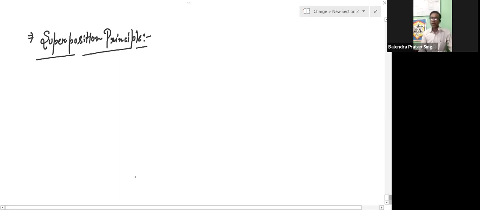Okay, so the superposition principle says that, as I told you, for a single point charge you easily find the electric field, which is equal to 1/4 pi epsilon naught capital Q by R square. But for a system of charges or n interacting charges, the net field can be calculated through this superposition principle.